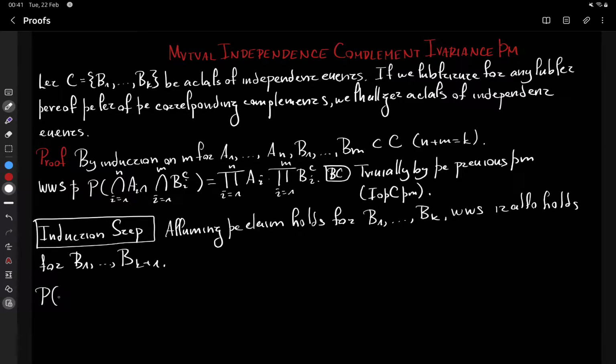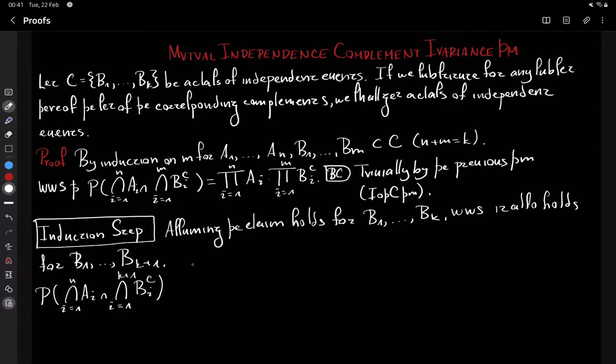By definition, we will begin with the expression P of the intersection ranging from 1 to n of Ai intersected with the intersection ranging from 1 to k plus 1 of Bi complement. And we will want to show that this is equal to the product of the individual probabilities of all the A's and all the Bi complements.